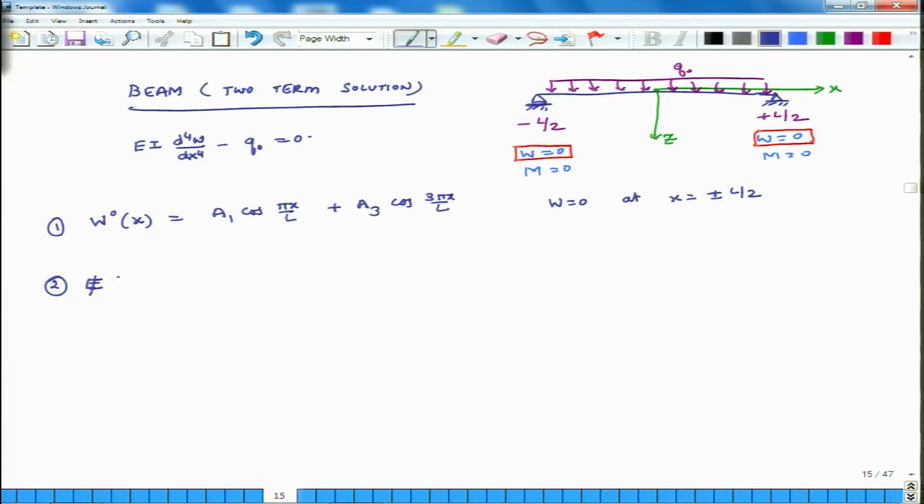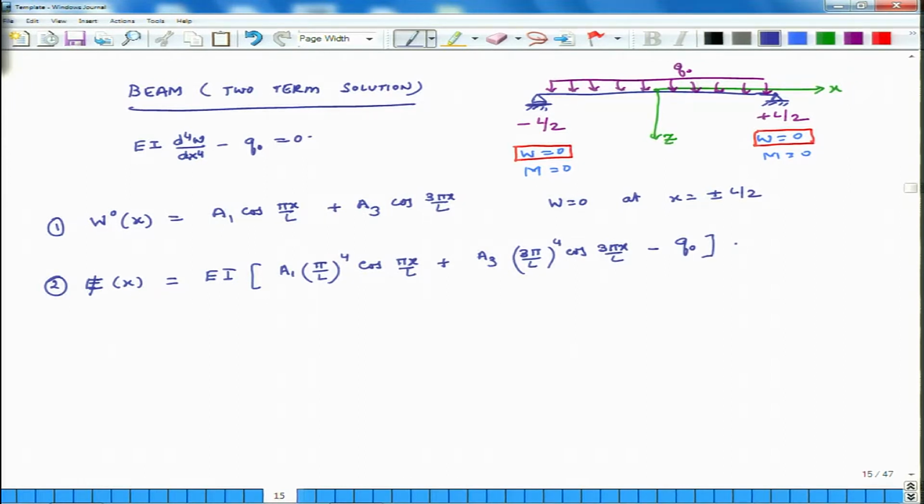So the error, and here it is only a function of x, if I plug this W back into the governing differential equation, is equal to EI times A1 (pi over L)^4 cosine pi x over L plus A3 (3 pi over L)^4 cosine 3 pi x over L, minus q naught.